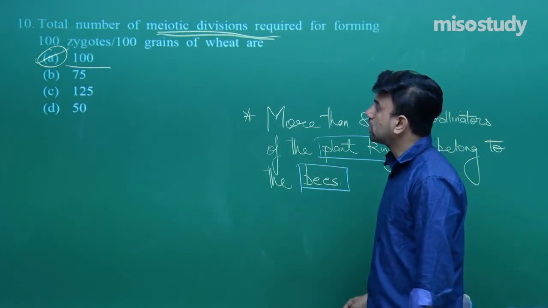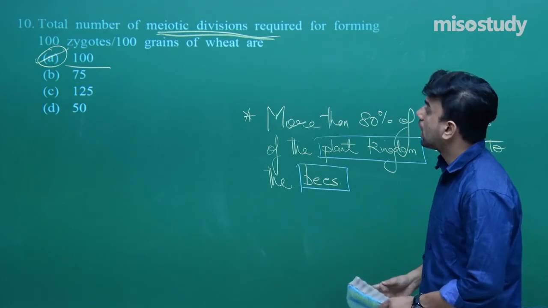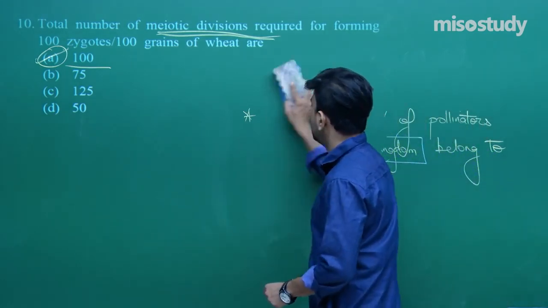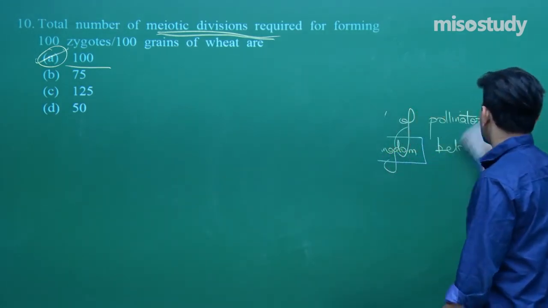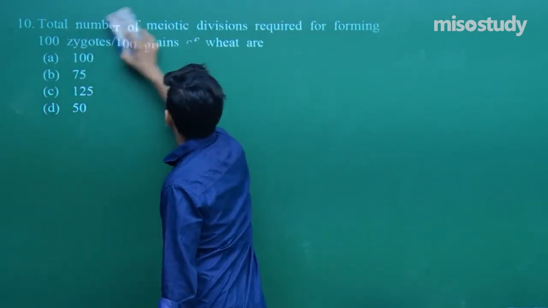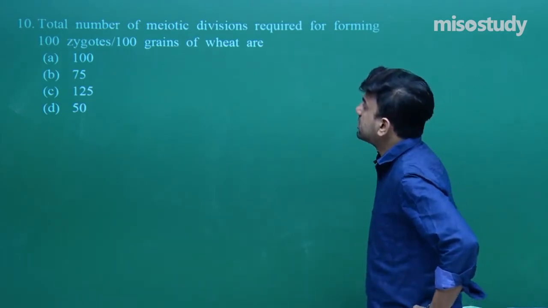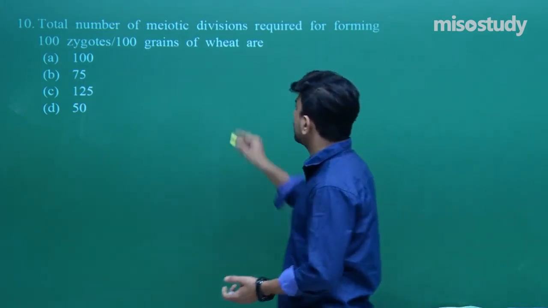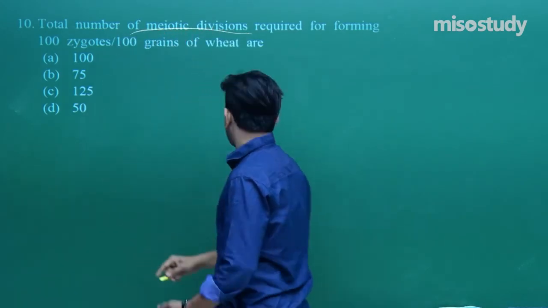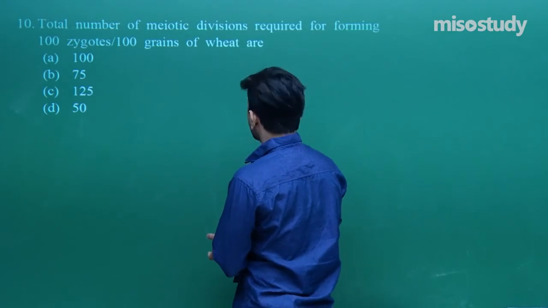Next question: the total number of meiotic divisions required for forming 100 zygotes or 100 grains of wheat are?